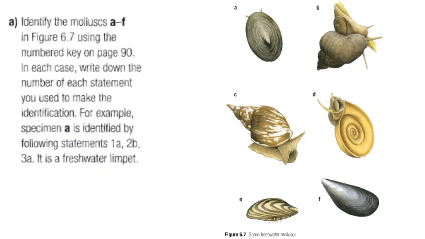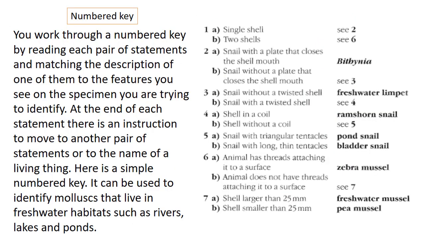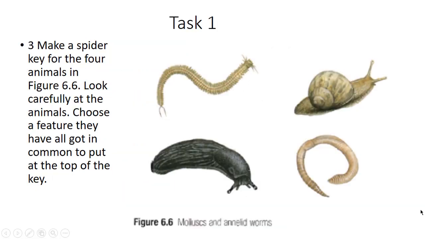Here's the second task. You're going to identify the mollusks between A and F, and you are going to use the numbered key on page 90, this one. You're going to use this template, something like this.